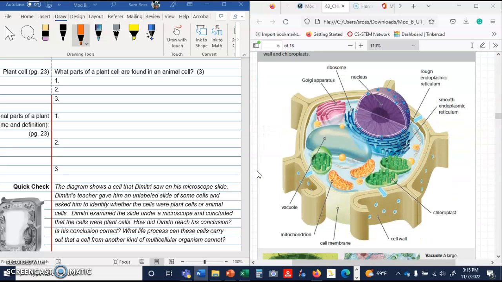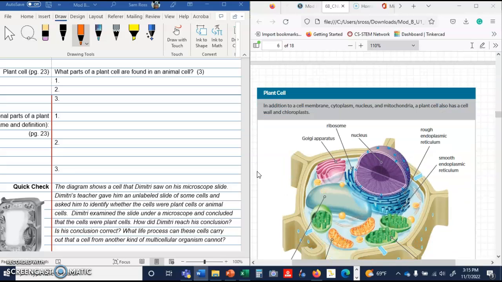That's 4, but you could put 3. That's fine, 3 of those 4. So the cell membrane is in both the plant cell and the animal cell, cytoplasm, nucleus, and mitochondria. If you wanted to add a 4th, you could, you don't have to.